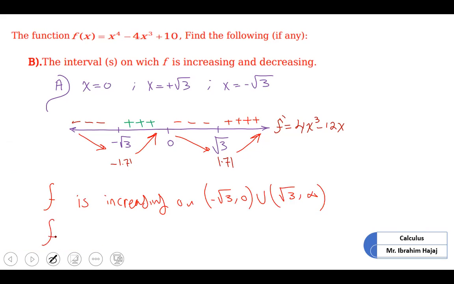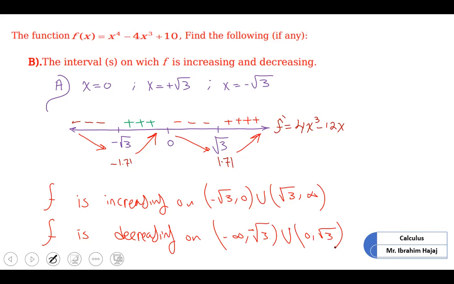Okay, and we have to write that f is a decreasing function on the interval from what to what? From negative infinity to negative radical 3, union decreasing again between 0 and positive radical 3. Okay, so here is the full answer of this question.